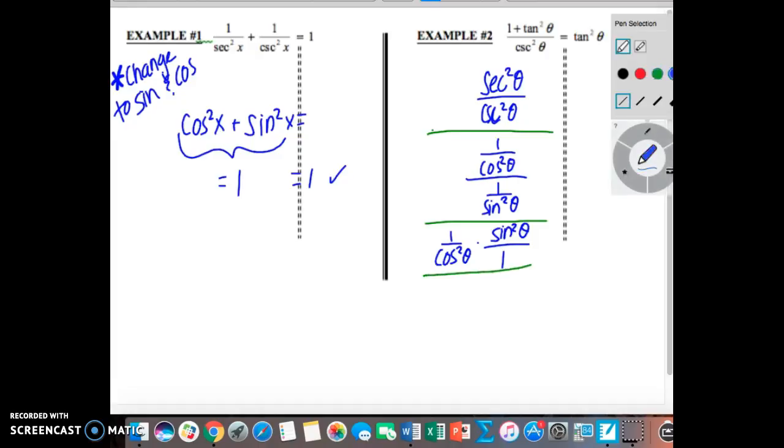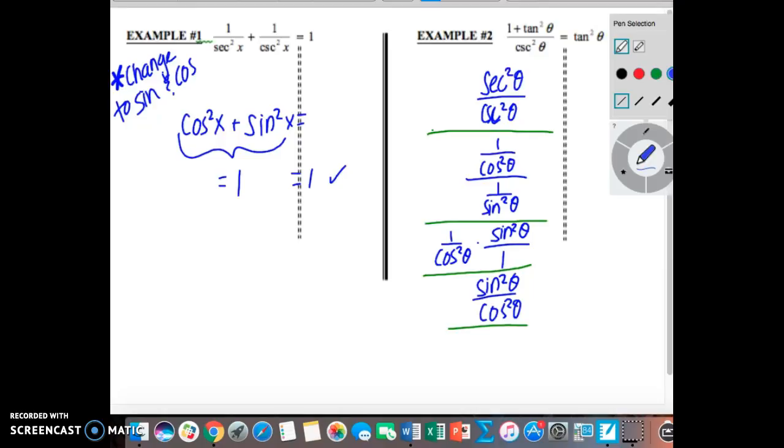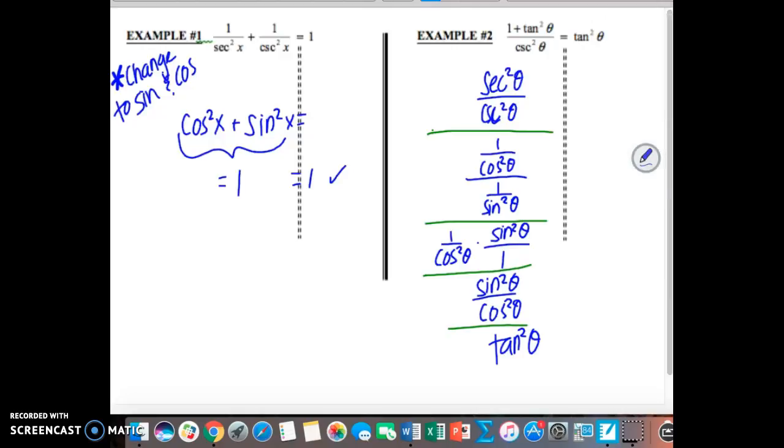So this becomes just sine squared theta divided by cosine squared theta, which we know we can rewrite as tangent squared of theta, because sine over cosine is equal to tangent. So if we have sine squared over cosine squared, that equals tangent squared. So of course, tangent squared of theta is equal to tangent squared of theta, and we verified correctly.